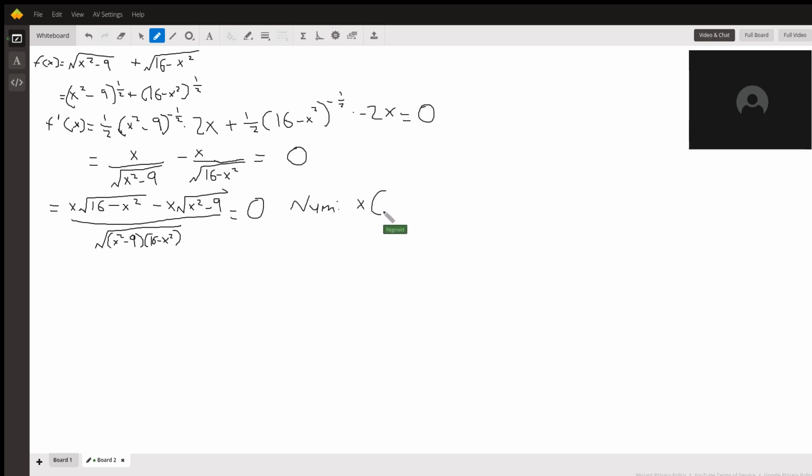Then we're left with the square root of 16 minus x squared minus the square root of x squared minus 9 equals 0.